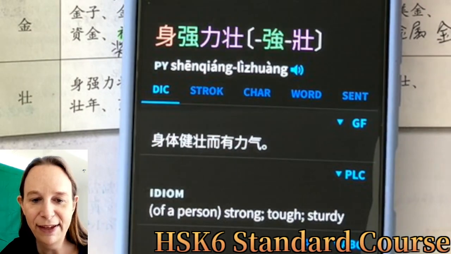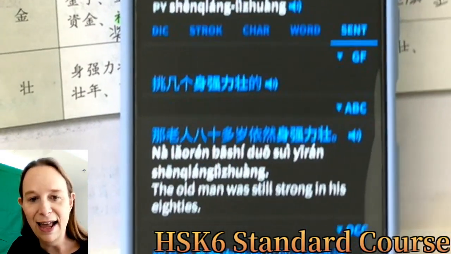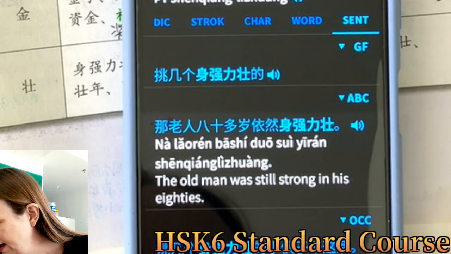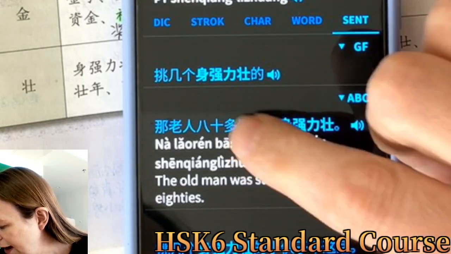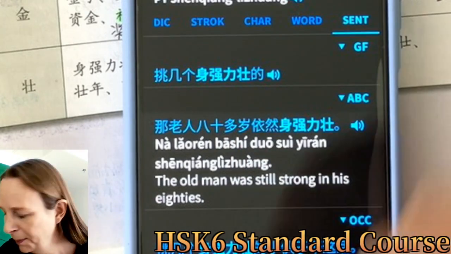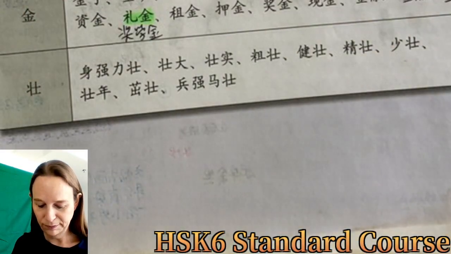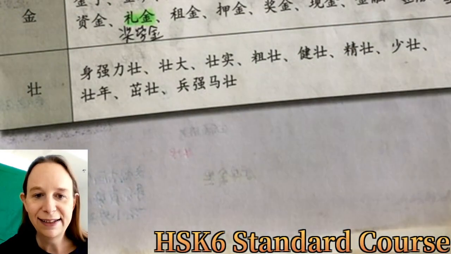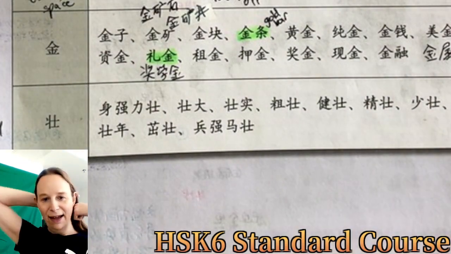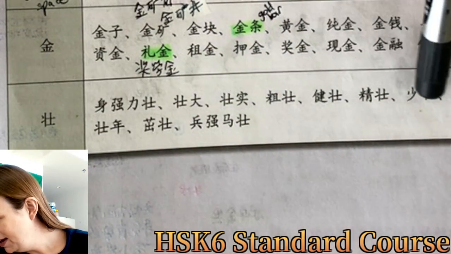It looks like a 成语 that functions as an adjective. 那老人80多岁依然身强力壮. Okay, it does describe people. All right, next, 壮大. I'm guessing we're getting a lot of adjectives in this. Are they all adjectives? They may all be adjectives.